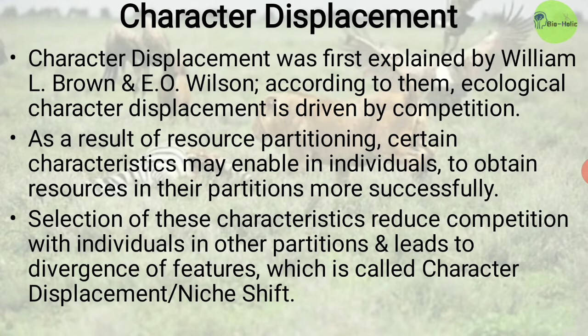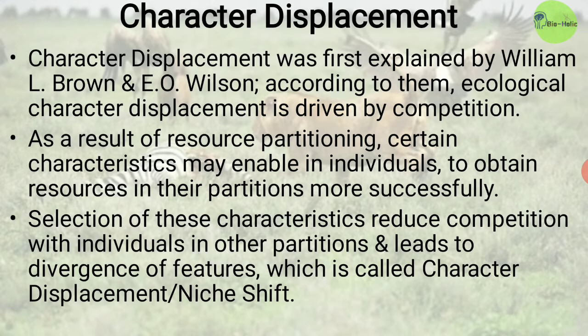As a result of resource partitioning, certain characteristics may enable individuals to obtain resources in their partitions more successfully. So, selection of these characteristics can reduce competition with individuals in other partitions and leads to divergence of features, which is called character displacement, or niche shift, I can say.